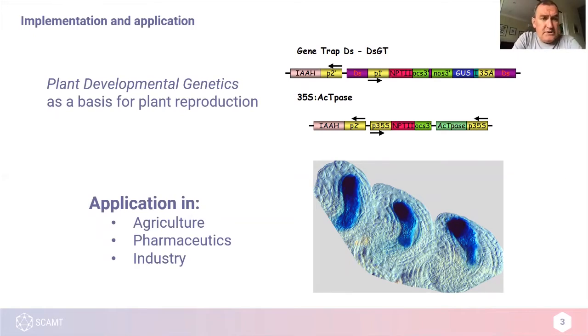Our research has implementation and application, and not only ours, but plant genetics in general. In our case, it's applied developmental genetics, which is a basis for plant reproduction and for seed productivity in agriculture and crop productivity.